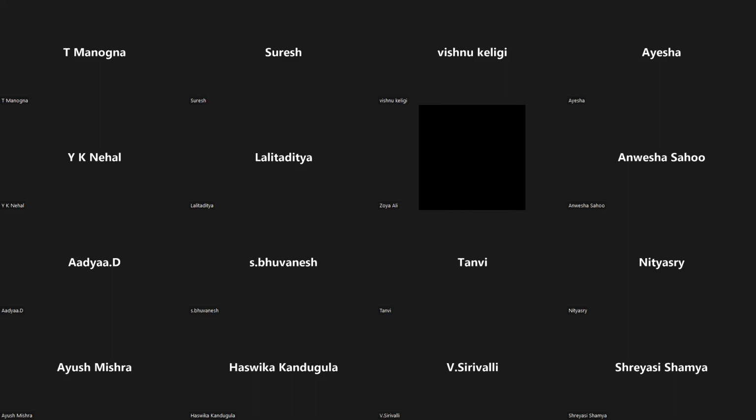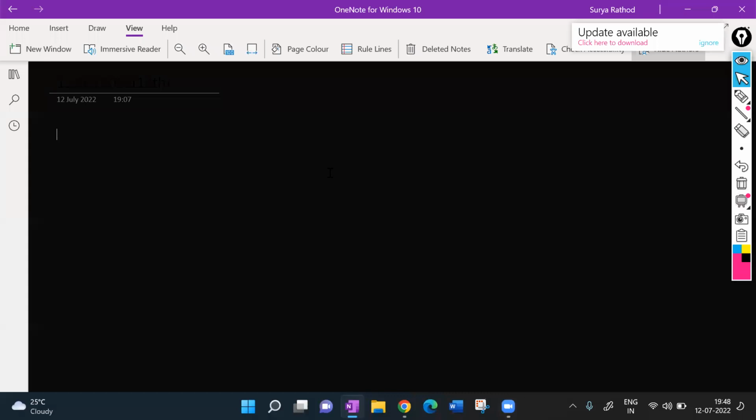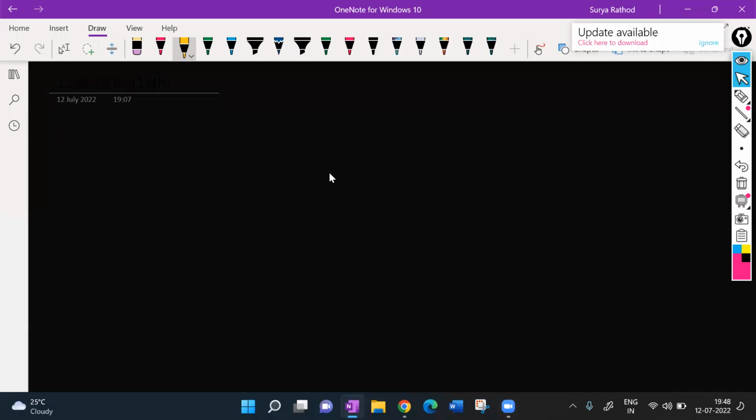Let me explain the question here. What he has given: pi is defined as the ratio of the circumference of a circle to its diameter. This is the circle, this is the radius, this is the diameter, and 2r is the diameter.